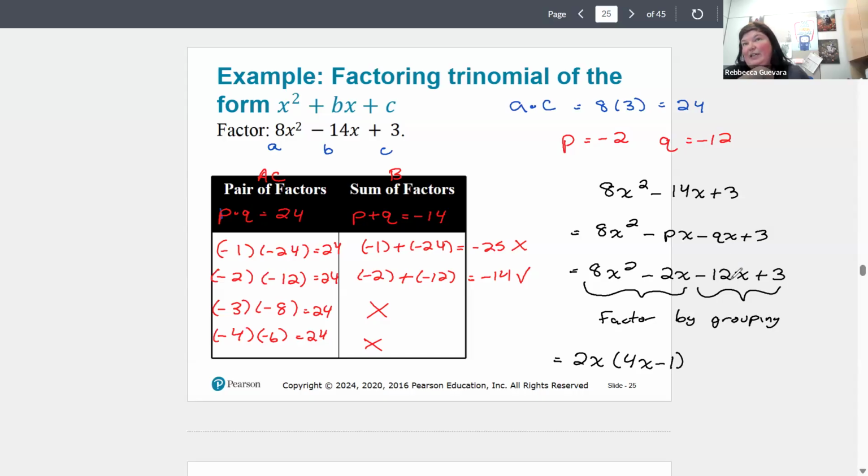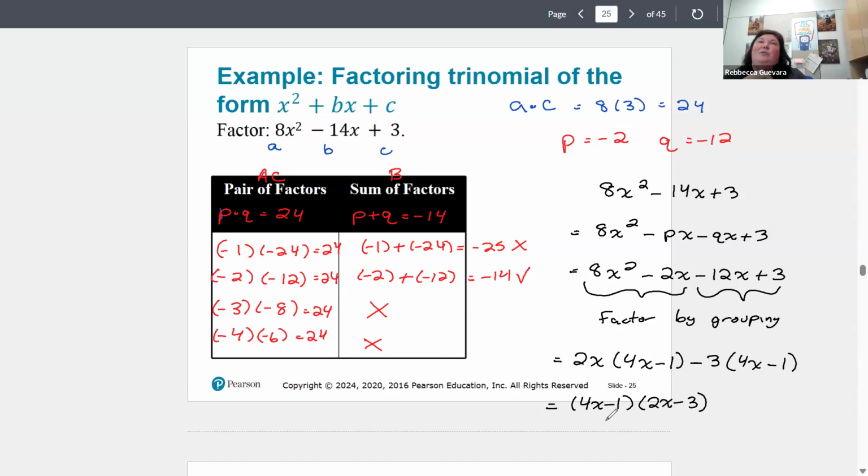So because we have a negative out front, we're going to factor out a negative. Both those are divisible by 3. Let's factor out -3. -12x divided by -3 leaves me with 4x. 3 divided by -3 would leave me with -1. We haven't seen that one yet in a grouping. From here, I just pull out my 4x minus 1, and I'm just left behind with a 2x minus 3.